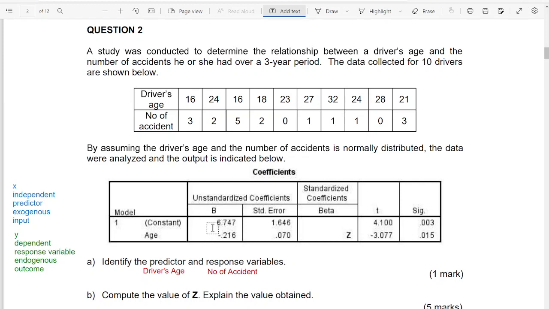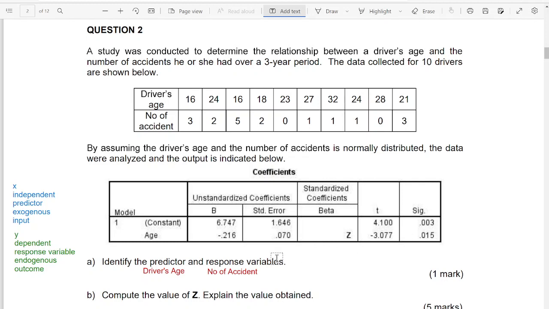The B in front here, the unstandardized one, is used in building your regression equation. But the standardized one is normally used to see the impact, the effect of the variable age on the response variable, because this one is unitless.